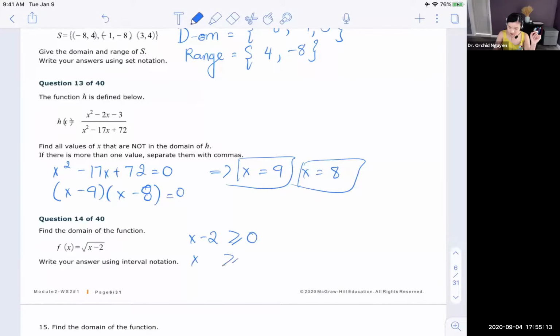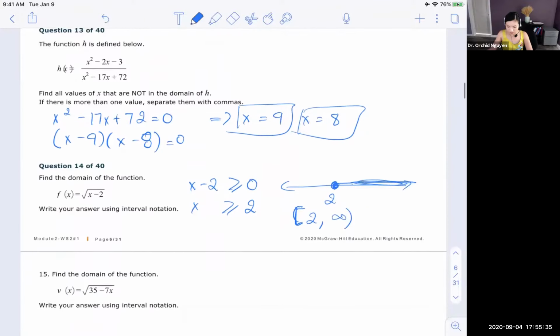In this case, it's just x greater than 2. Now you want to write in interval notation, so I suggest you just go ahead and graph it, greater than 2 this way. To write it, we start with 2 bracket because we included it, to infinity.